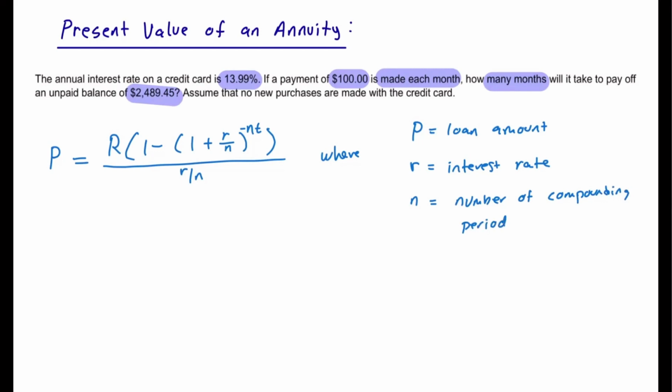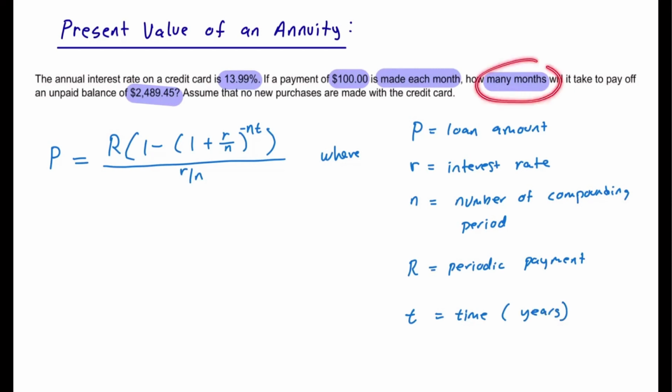This is always the compounding periods in a year. And big R is going to be the periodic payment, in this case a monthly payment. So we have everything we need, and also T. The T that we're using in this formula is time, but the units you're going to get will be in years. So we'll have to convert it back to months later because that's what the problem wants.